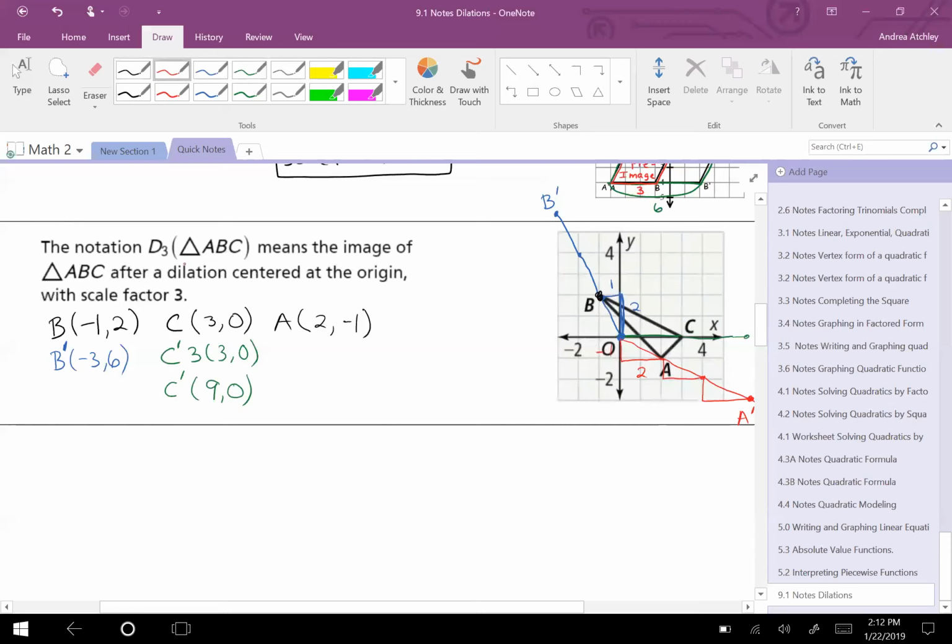That's why we have a dilation of 3. For the ordered pair, the same thing. I'm going to do A. A prime is going to be 3 times the ordered pair of 2, -1. So A prime would be at 6 and -3. Any questions over that? Pretty easy?